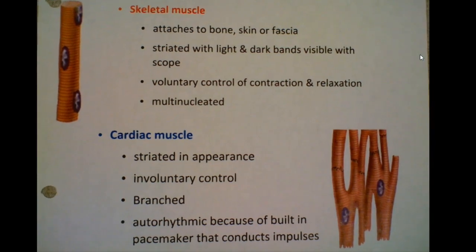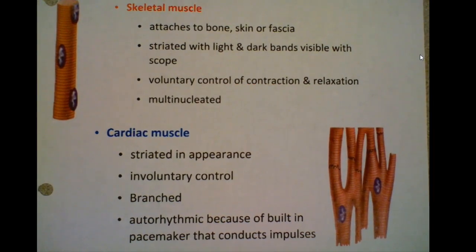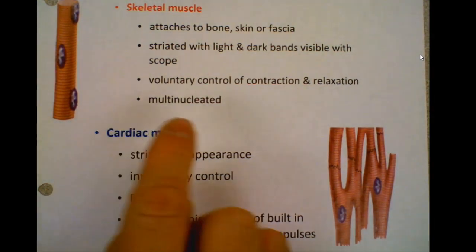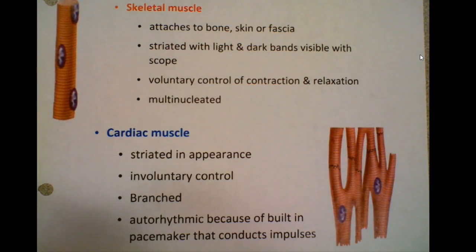They also have the ability to be autorhythmic. They can conduct electricity, and they can do that on their own, so that we call that autorhythmic. They have a built-in pacemaker that conducts the electrical impulses. Now we're going to cover most of the cardiac muscle in chapter 20.